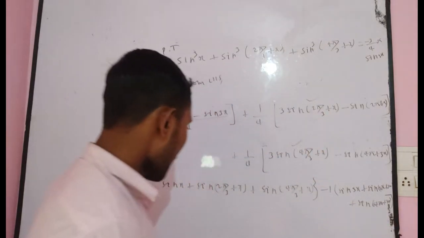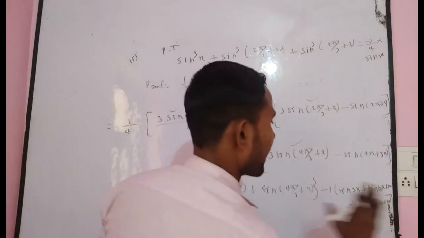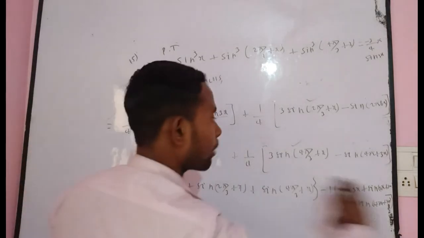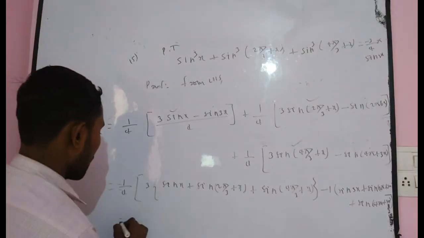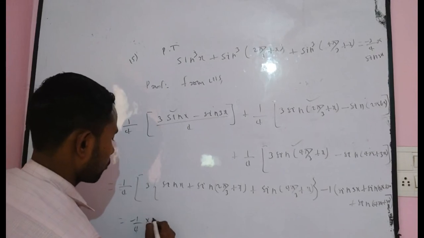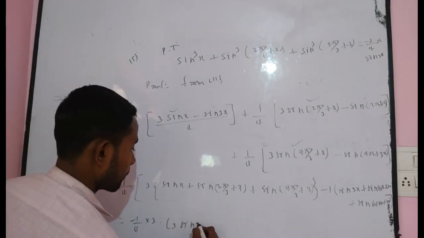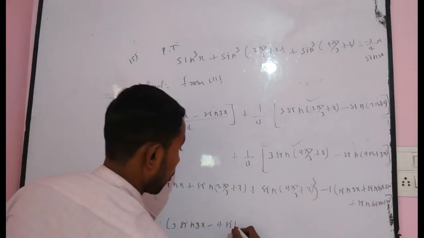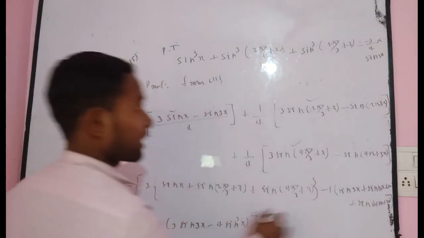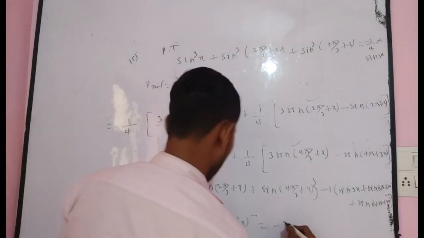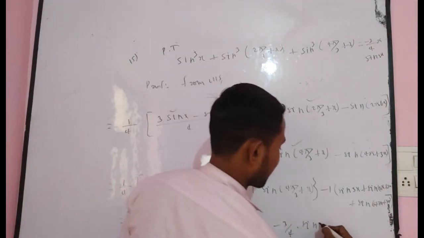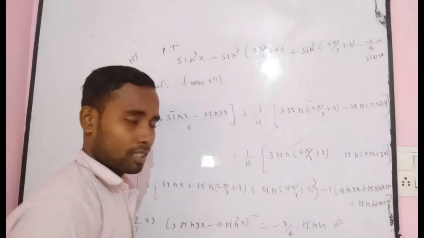Now, if you completely calculate it, then you get −1/4 times (3 sin 3x minus 4 sin³x). After manipulating it, you get −3/4 times sin 3x, which is your RHS.